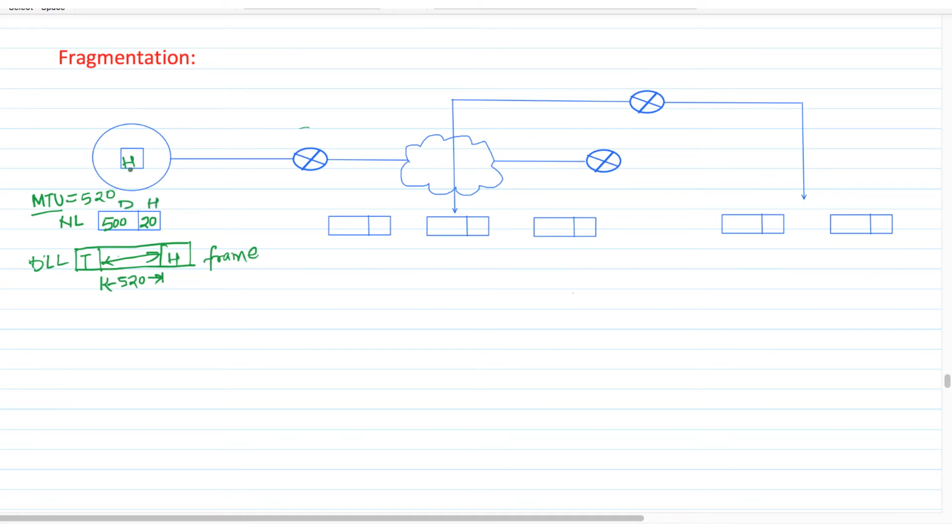Suppose this host wants to send this packet or datagram into some other network. We'll see through this diagram how the fragmentation process will work. Suppose the ID for this datagram is 100.